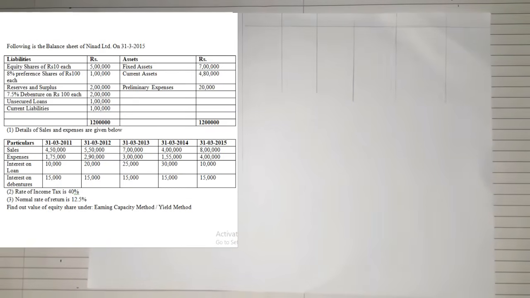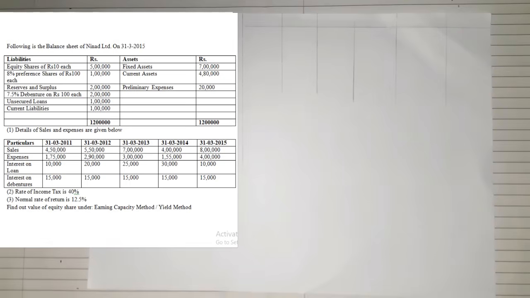Okay, now let us see the second sum. Now let us read the question. Now this is a different variation in the sum. From the following balance sheet of Ninad Limited, they are giving you liabilities.